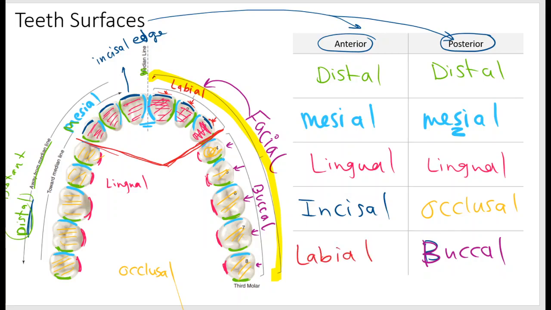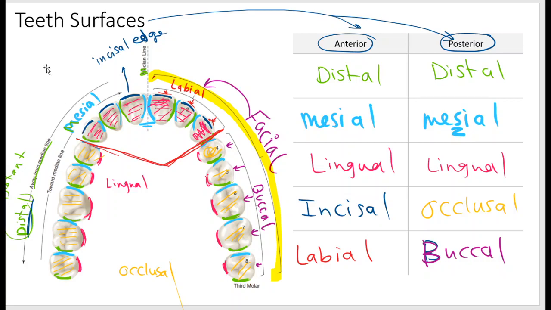Right? Again, this needs a lot of attention and a lot of thinking, and that's why I wanted to color code it. You can see these surfaces are labial, these are buccal, and these are the occlusal on the top, and instead we call them incisal on the anterior teeth.